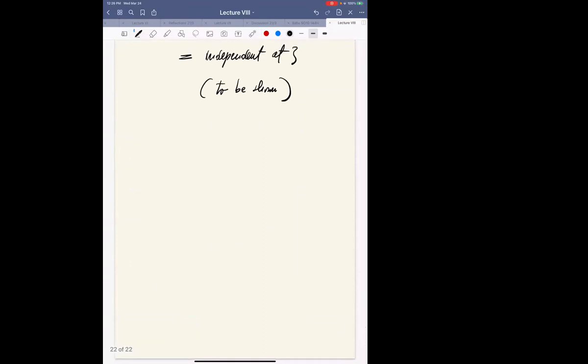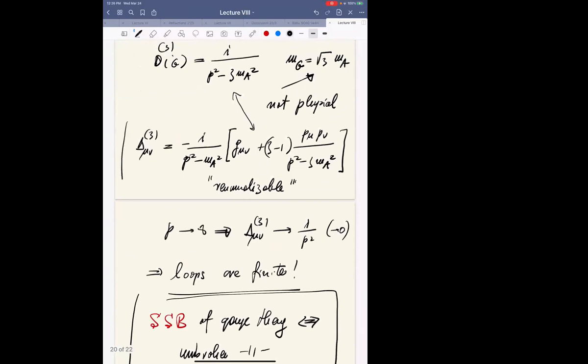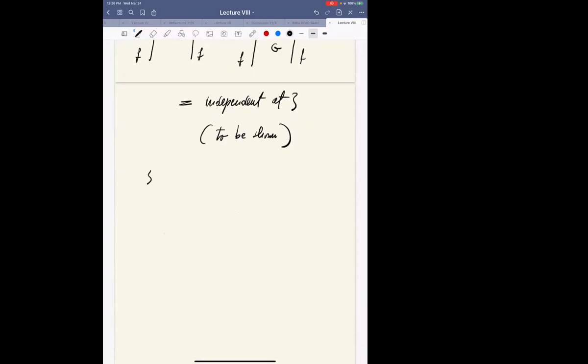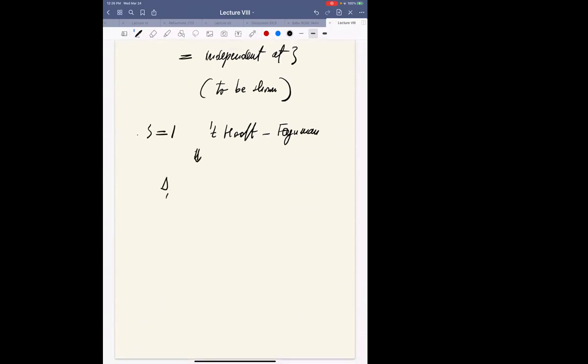Let's study the A mu propagator a little bit. Let's go back. Let's see if I got it right. Look at it. This is the one which is non-trivial. The psi equal 1 is 't Hooft, who is an extraordinary calculator. It's called 't Hooft-Feynman gauge. Feynman used to like the gauge in QED. By the way, it's not the same gauge because what you get in this case, delta mu nu of A goes into minus i g mu nu over p squared minus MA squared.